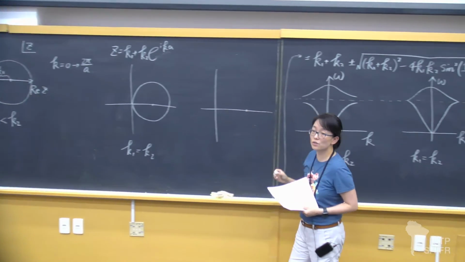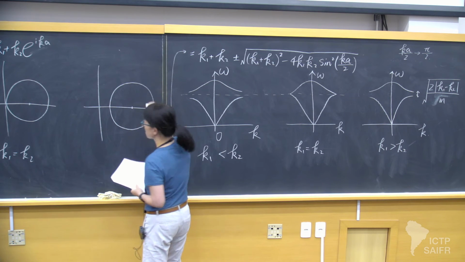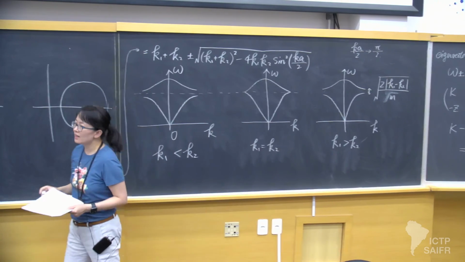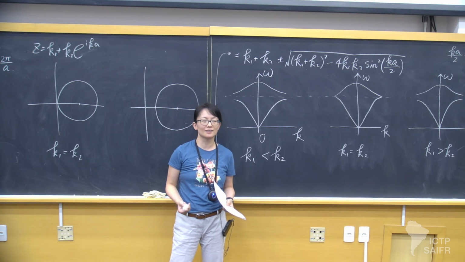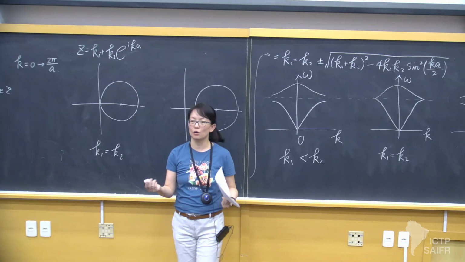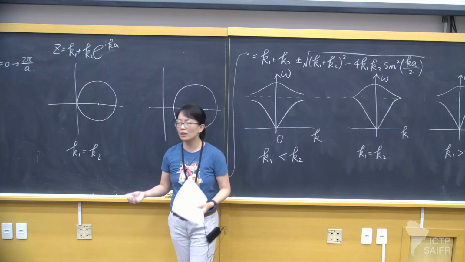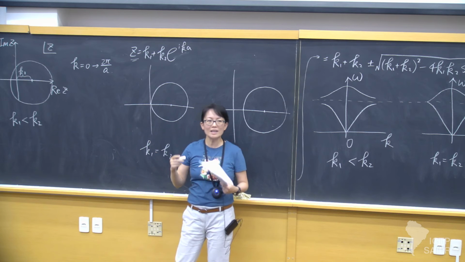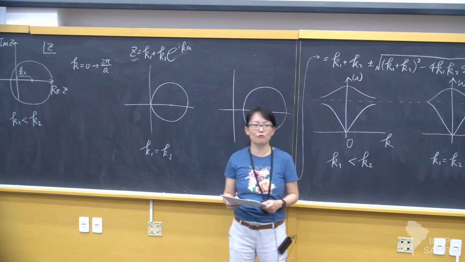And if K1 is greater than K2, you get a circle like this, right? And what is qualitatively different between these cases? Whether it encloses 0. Then mathematically, if I talk about this Z as a complex number, what is the topological quantity that is of importance here?